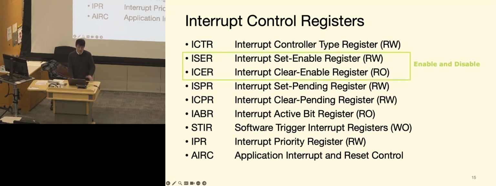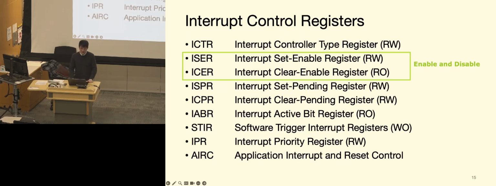And more of those you're going to be interacting with, I guess, are the set enable and the clear enable registers. Just look at the name. Basically, they do the enabling and disabling, or clearing, of the interrupt. And they have two registers implemented for that. We will touch on them in the next few slides to show you why they're doing that and how they work in between.